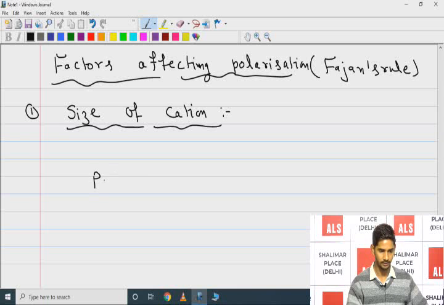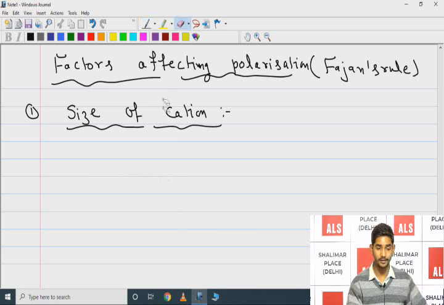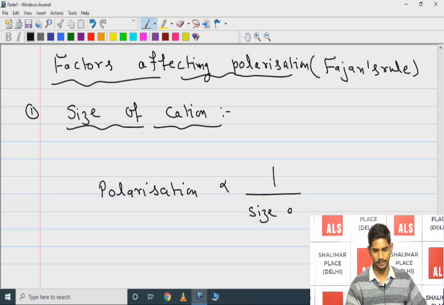So what should we say on the basis of this? Polarization, remember guys, is always related with the anion. It is inversely proportional to the size of the cation.